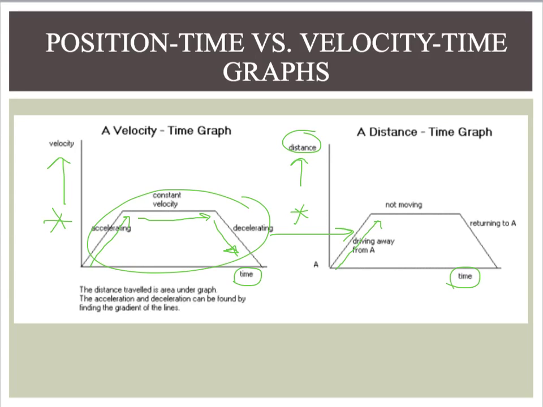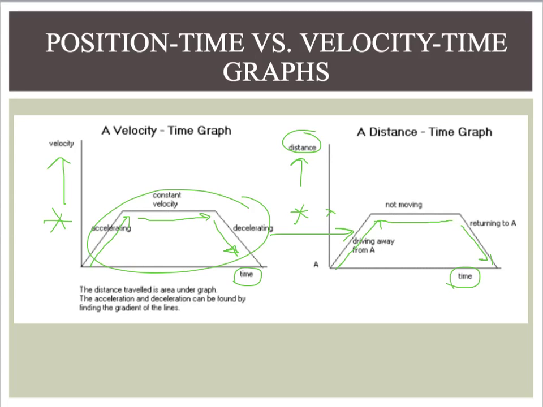So I drive away from my house, I get to the grocery store, and this part of the line, when it's level, means that the distance is not changing for that entire amount of time. So that means I must have parked in the parking lot and gone in the grocery store and bought the things I needed. And now as the line goes back down towards the x-axis again, this means that I'm kind of doubling back, or I'm covering the same distance that I did before, and I'm going back home.